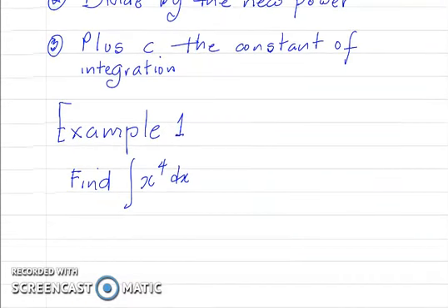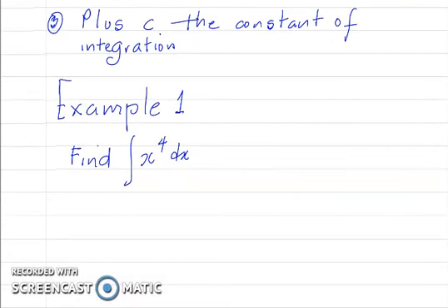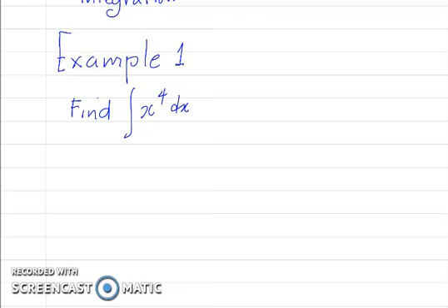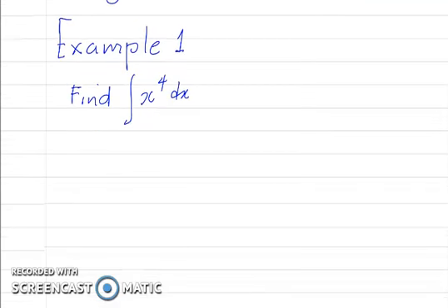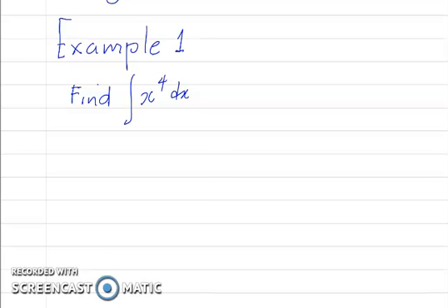Example 1. We're asked to find the integral of x to the fourth. Now, if we're going to integrate a function of the form x to the n, we must raise the power by 1, divide by the new power, and then add c.